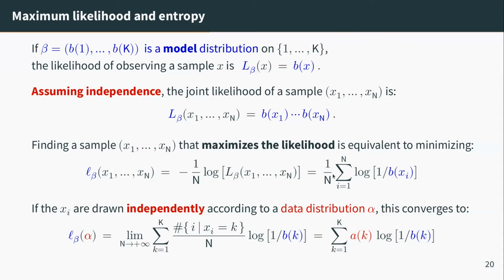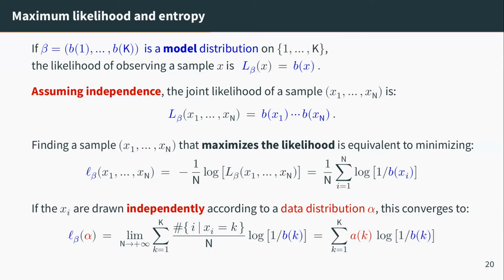So it's 1 over n times, basically, the average value of log of 1 over b of x1, up to 1 over b of xn, where the minus, if I take it inside the logarithm, corresponds to taking the inverse of the probability. So that's a quantity that I can compute for any sample.